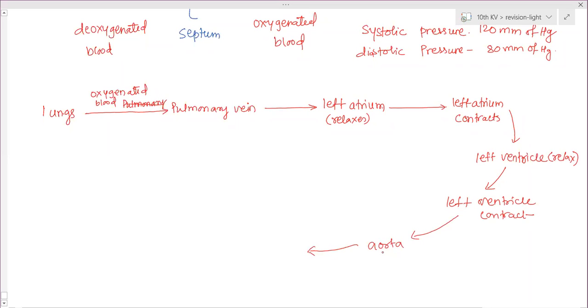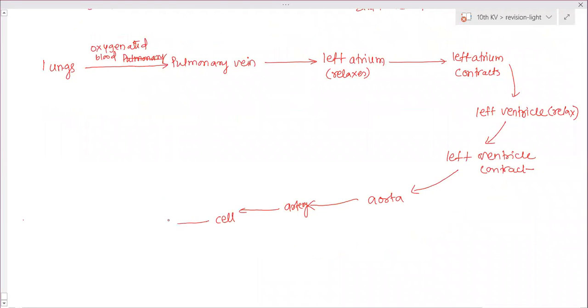Aorta, then artery, arteriole, transfer the blood to the cell. From the cell, blood is poured into veins. Before, this was oxygenated; now from cell to veins, it is deoxygenated. Through veins, it is transferred to the right atrium when it is relaxed.